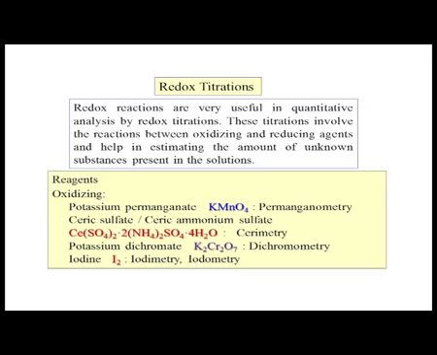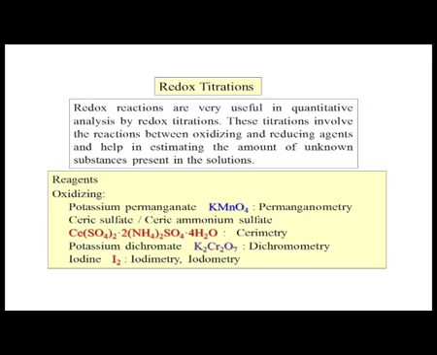Iodimetry is different: you take a standard solution of iodine in the burette and use it as the oxidizing agent to titrate the reducing substrate in the conical flask.